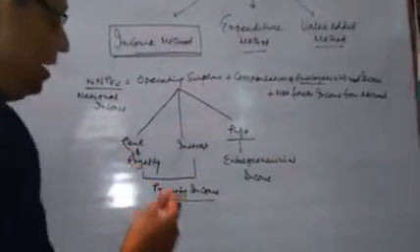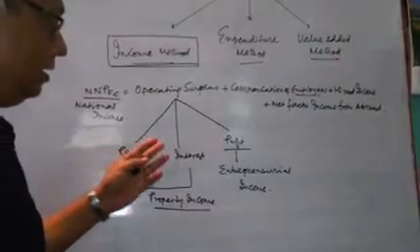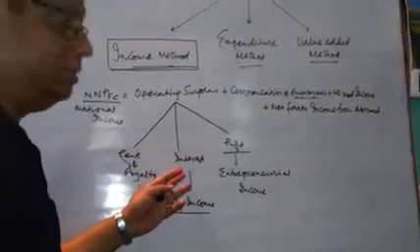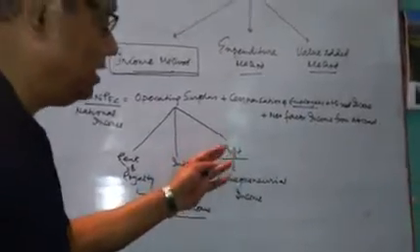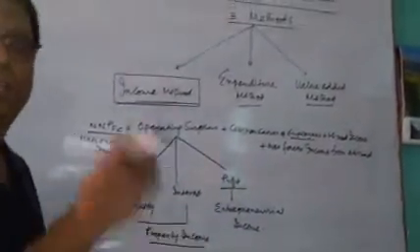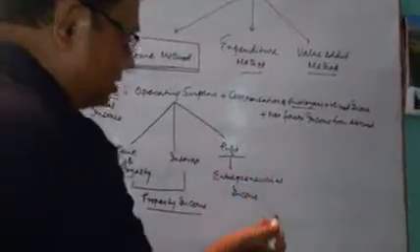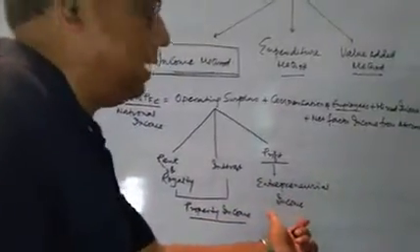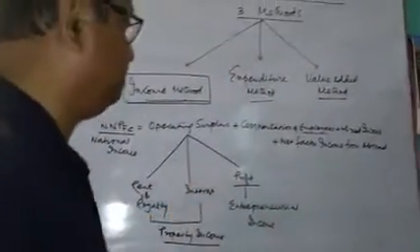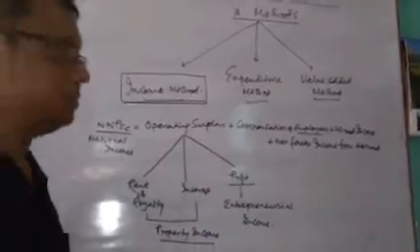Property income is the income of land and the income of capital, and entrepreneurial income is the income of risk-taking, the return for taking risk is known as profit. So this is the first component, operating surplus.